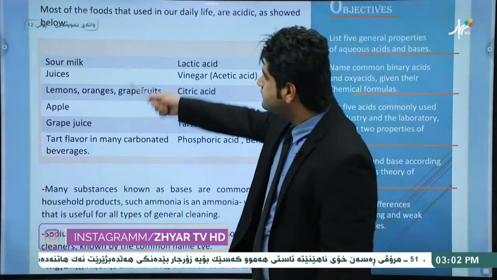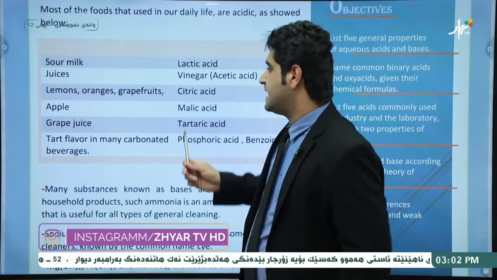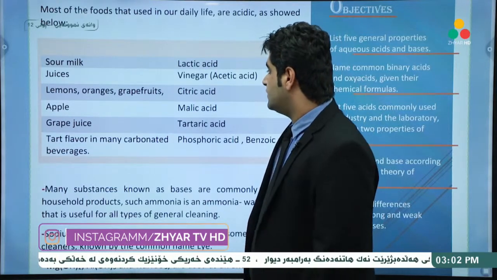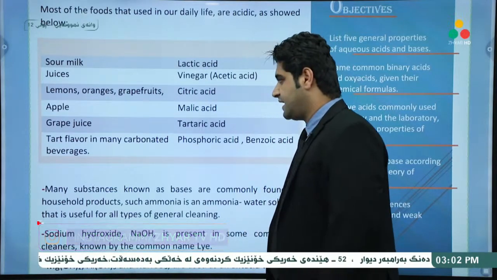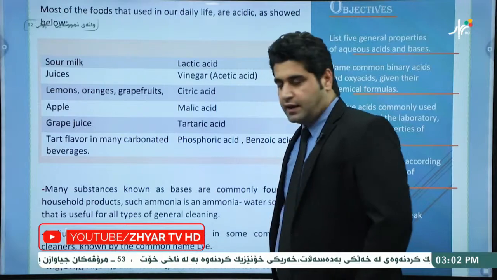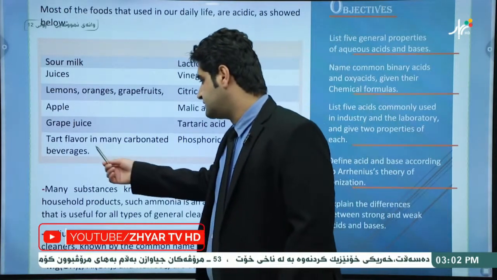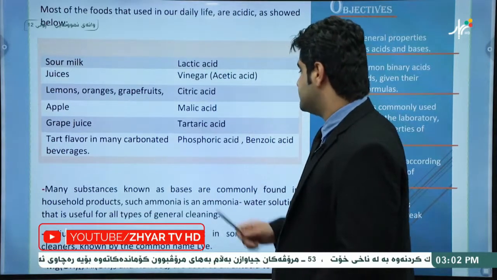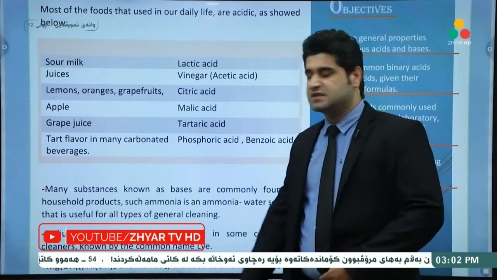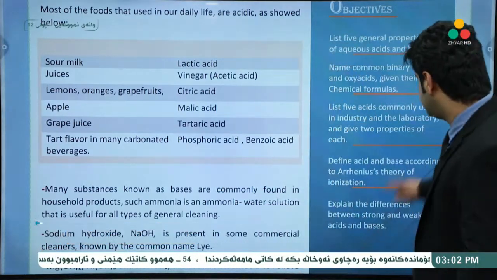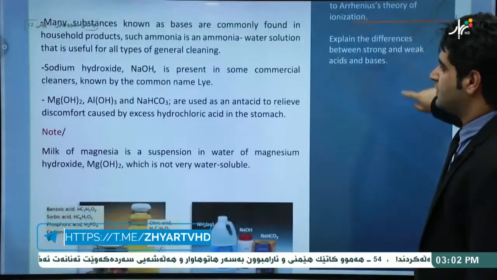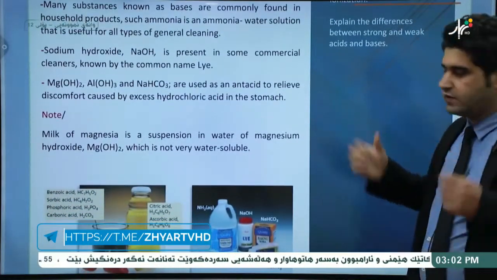For example, sour milk contains lactic acid, juice contains vinegar, acetic acid, and lemon, orange, or grapefruit contain citric acid, apple contains malic acid, grape juice contains tartaric acid, and the tart flavor in many carbonated beverages comes from phosphoric acid or benzoic acid. Actually, phosphoric acid is used to make a flavor, but benzoic acid is mostly a preservative material.